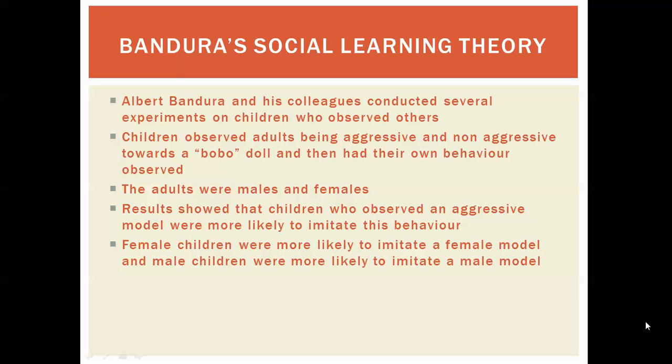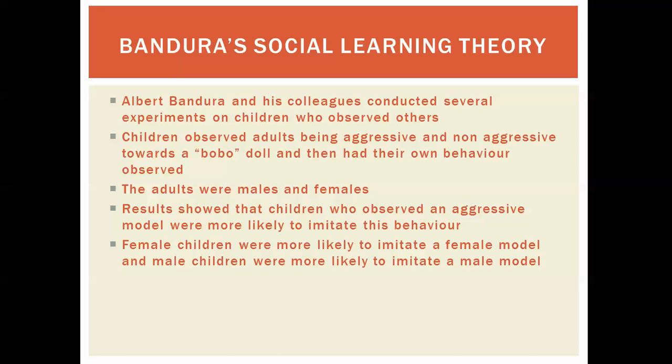Albert Bandura is the key researcher here, and we'll read through Bandura's full experiment in class. But just a basic overview is that he had children in the experiment who observed adults. The adults were both males and females. The children watched some be aggressive and some not aggressive towards a particular doll, which he called the Bobo doll.